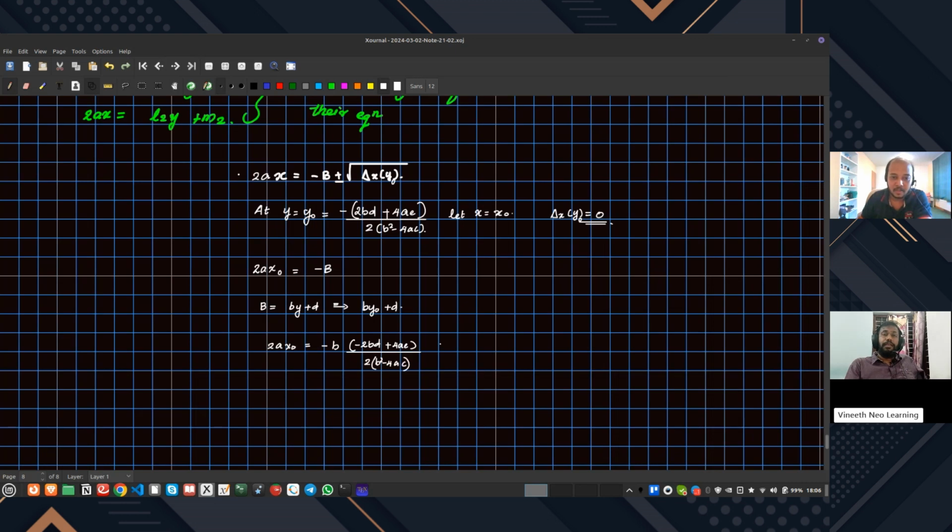This negative and negative can become positive, so this will be 2bd square plus 4ae into d. Minus 2bd, the negative will not cancel, because at the second line, inside the bracket, it is a negative term: 2bd minus 4a.